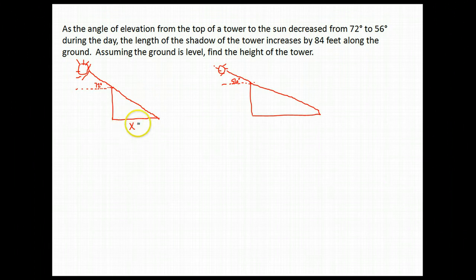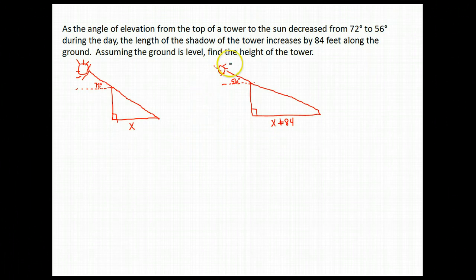So it was originally, we called it x feet. The shadow's now x plus 84 more feet. Think about it: the shadow would increase as that sun goes down. It makes the shadows on the ground longer. So these are our two situations here.